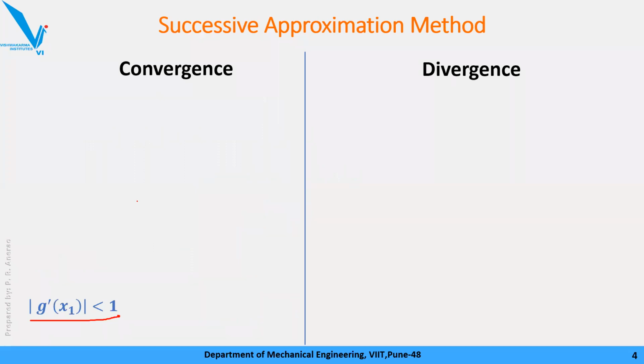Don't worry then, go ahead with the calculation. If your initial guess or g of x is such that the function slope is greater than 1, that means you have a wrong initial guess. You will have to change the guess.